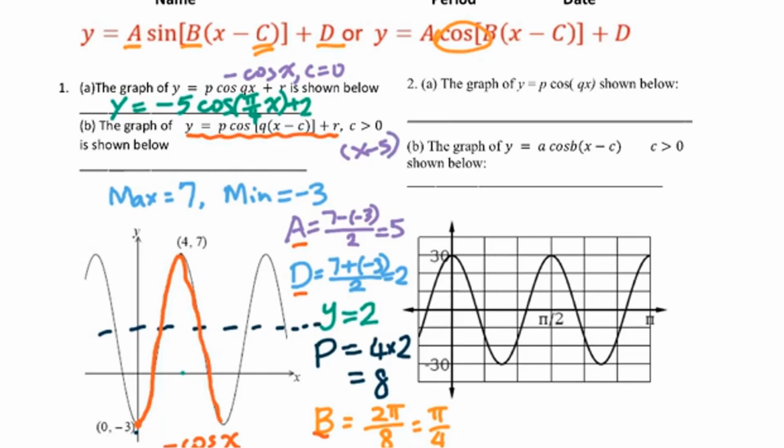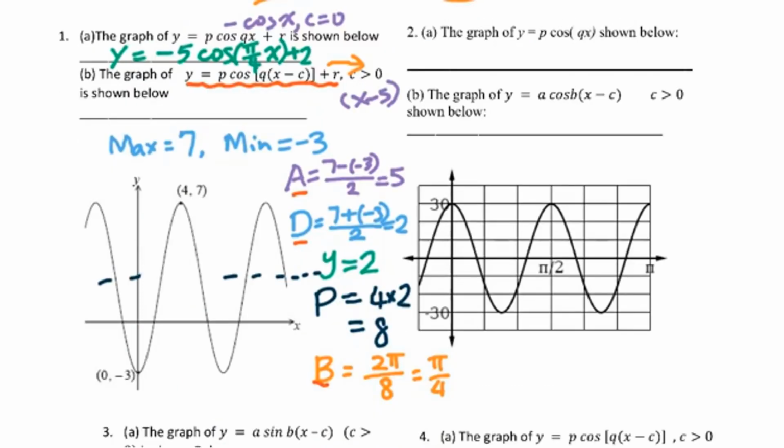With x minus 5, inside is a liar, so we go to the right, which means your starting point will be on the right side of the y-axis. Therefore, I will draw the pattern of a cosine function. Starting point is on the right side. Then this is the pattern I'm drawing.